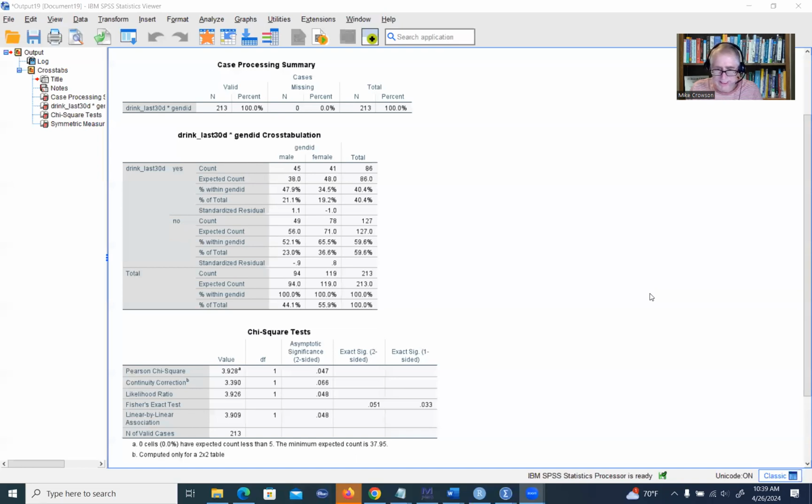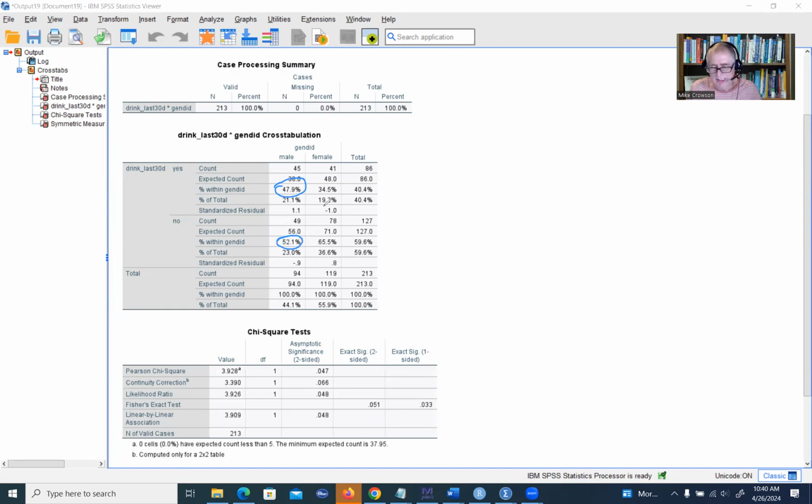And then if we look at the percentages within our cells right here, if we were drawing a male at random from the population, that individual would have a 47.9% chance of indicating yes, that they have had a drink over the last 30 days, and a 52.1% chance of indicating that they have not.